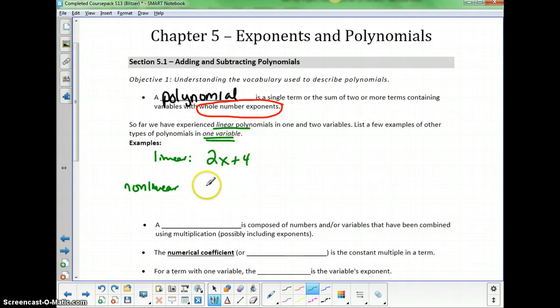So to make it nonlinear, I might say something like 3x squared minus x, or x to the 5th plus 2x to the 4th minus x cubed plus 1. Okay, that would also be nonlinear. It is a polynomial because it's the sum of one or more terms containing whole number exponents.